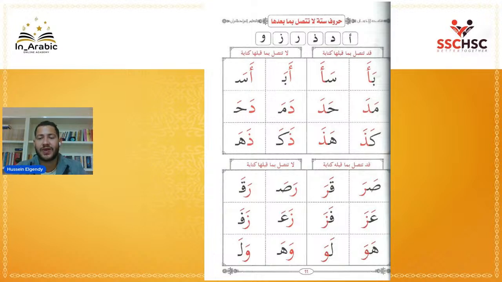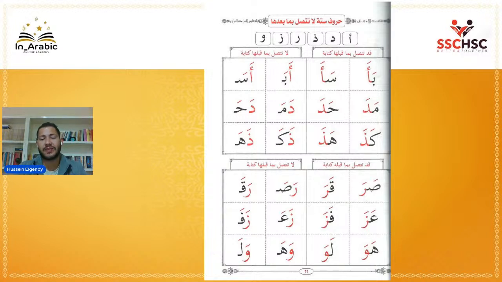Let's talk about dal. The same case: when it's the first letter in the word, it cannot be connected. When it's not the first letter, it could be connected to the letter before. So in the case of kaf, the dal is connected to kaf because kaf is before, and with ha, the dal is connected to ha because ha is before.